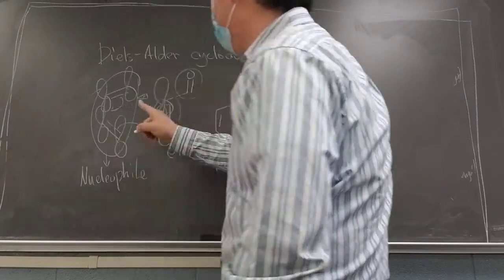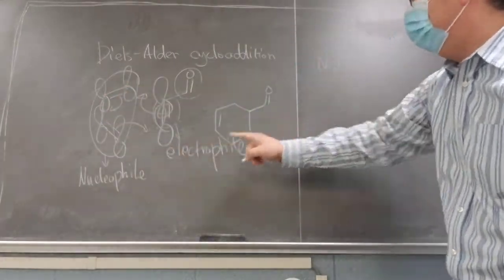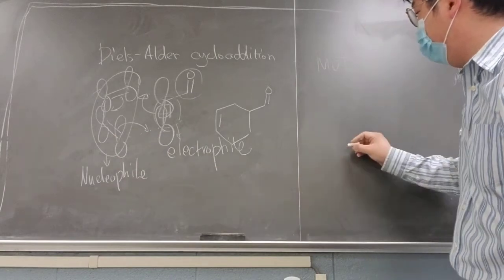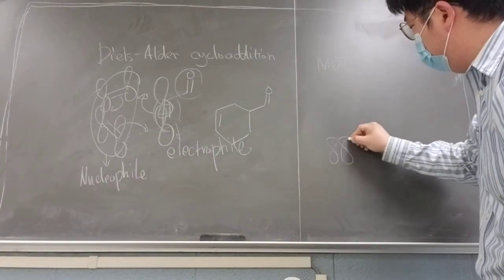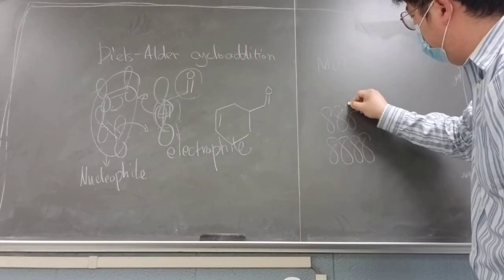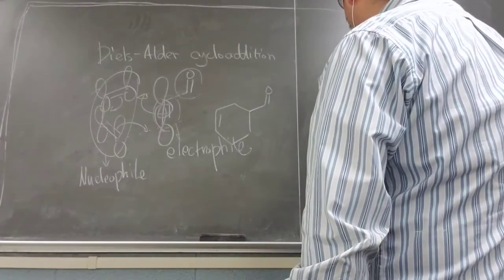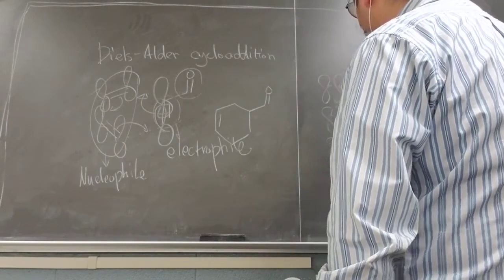Okay, so I'm going to write the 4 p orbitals here for the diene. Just a second, let me take some time.